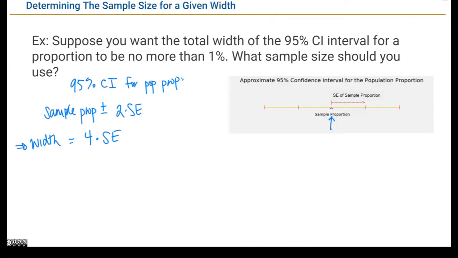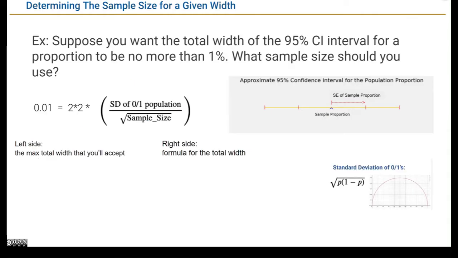So really this question is saying, I want the width to be no more than 0.01. So let's set that up. I'm going to put a less than or equal to sign here, where I'm saying the width needs to be at most 4 times the standard error.